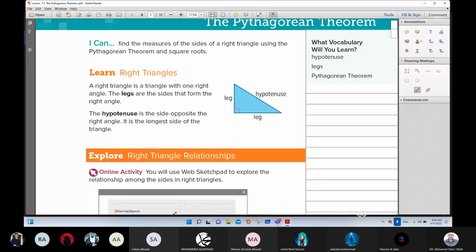The measure of this angle will be 90 degrees. The legs are the sides adjacent to the right angle. So as you see, the name of this side.